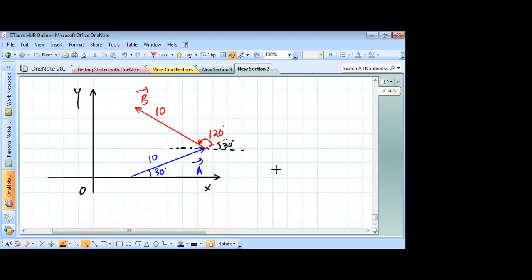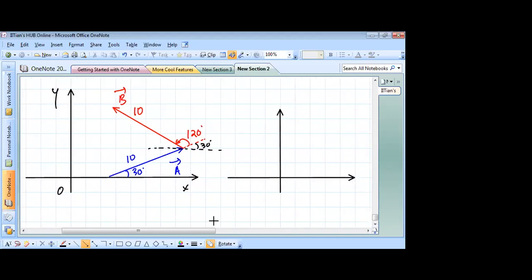So next step, if I draw in another diagram the same two vectors, but now I draw them with respect to the origin. How will the vector A be looking? It will be looking like this. How will the vector B be looking? It will be this.